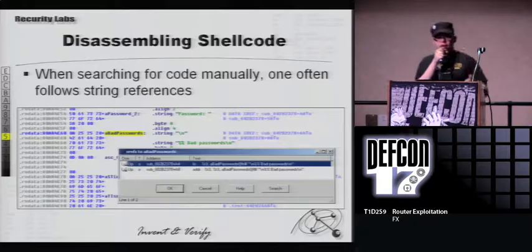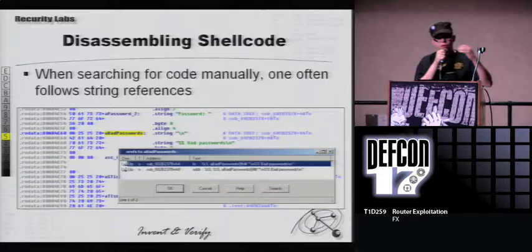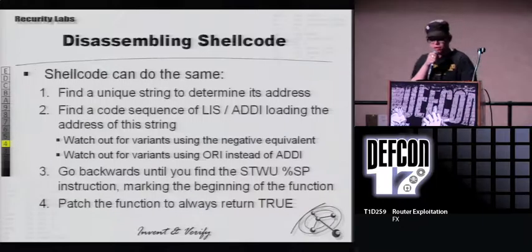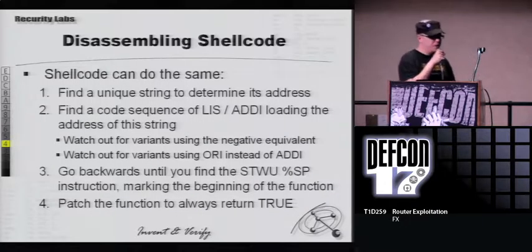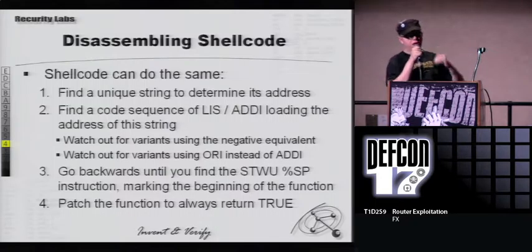When you do it by hand, like when you open an iOS image and want to patch it, you find a string and then you cross-reference that string into memory where it is accessed. Well, you can do that in shellcode too. So shellcode goes ahead and finds a unique string that you provided, and then parses the entire code section and disassembles it and finds lis and add instructions.